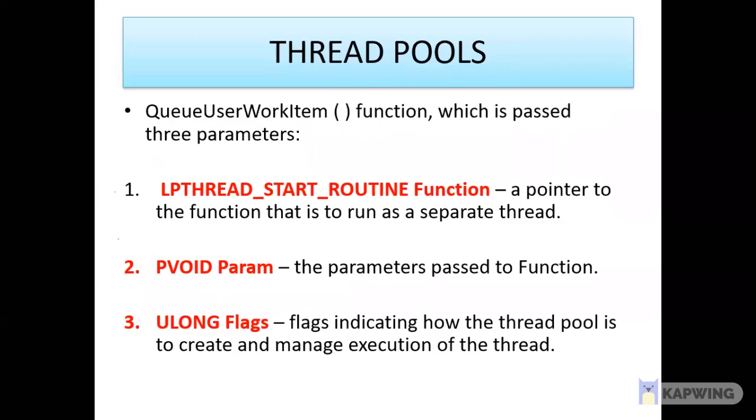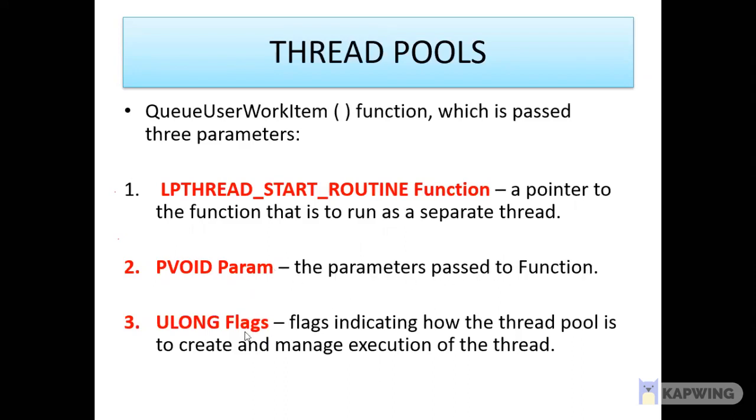Now, the thread pool QueueUserWorkItem function passes three parameters. So what are the three parameters? First one is LPTHREAD_START_ROUTINE function, a pointer to the function that is used to run as a separate thread. Then PVOID Param, the parameter passed to the function.